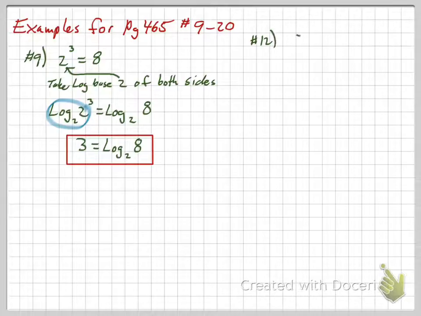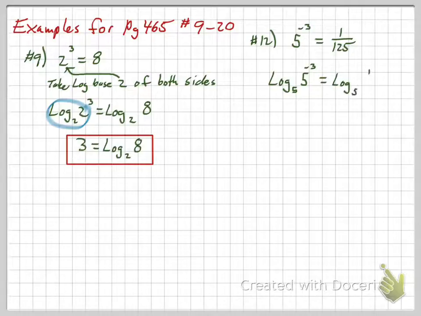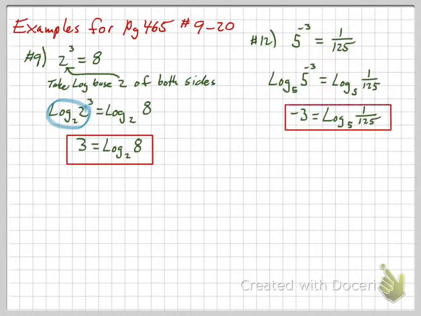All right, let's set up number 12. And that's going to be very similar to one of your assignments. Now, what's going on here? Well, I've got a fraction on one side. So what is that going to do? I'm just going to take log base 5 of each side.